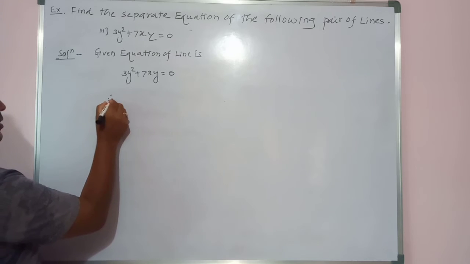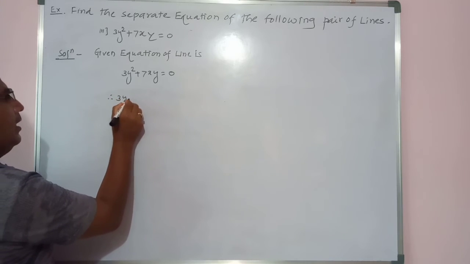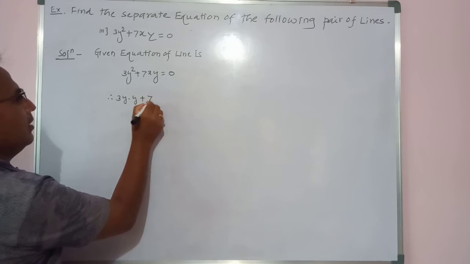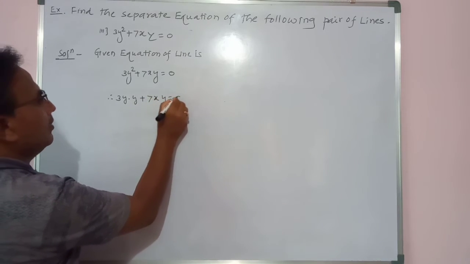Therefore, 3y² means 3y into y, plus 7x into y, equal to 0.